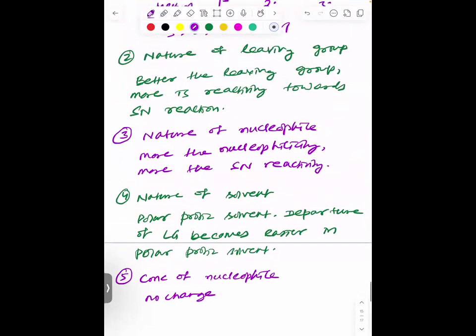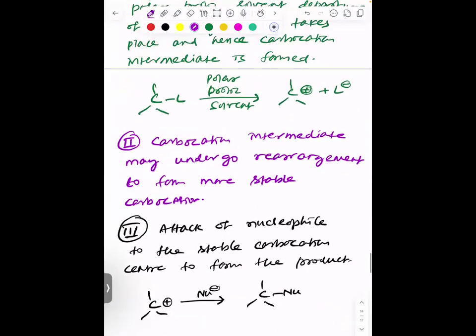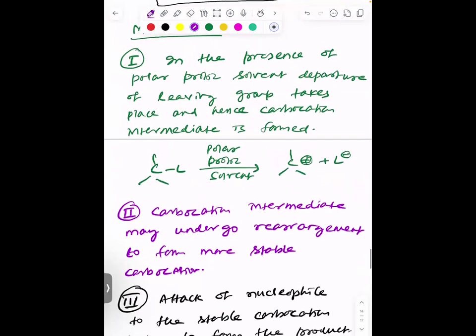Student, look at the mechanism. In the first step, in the presence of polar protic solvent, departure of the leaving group takes place and hence the carbocation intermediate is formed.